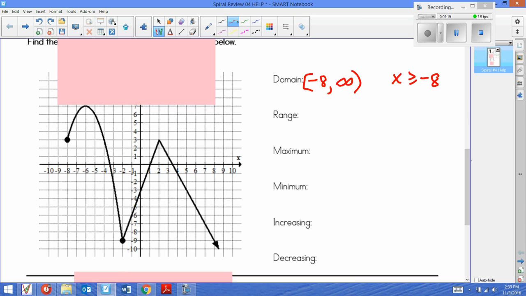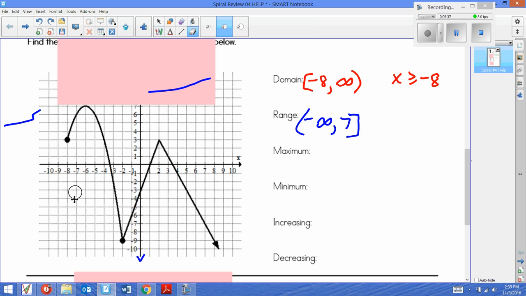Well, -infinity. Wouldn't these numbers keep going to -infinity? So -infinity all the way up until higher, higher, 7 right here. And 7 is included. I don't have any open points. Well, just ignore those straight lines.